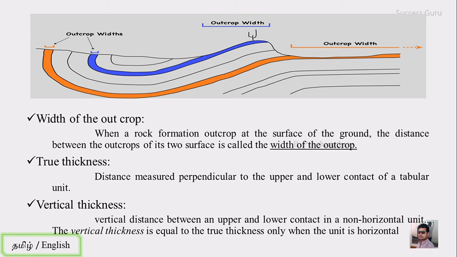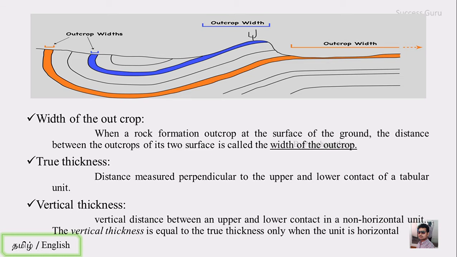For a horizontal formation, the true thickness as well as the vertical thickness will be the same. I think you got the point. The true thickness is measured perpendicular to the bedding plane, and the vertical thickness is measured in a vertical line. For a horizontal formation, the true thickness is equal to the vertical thickness.